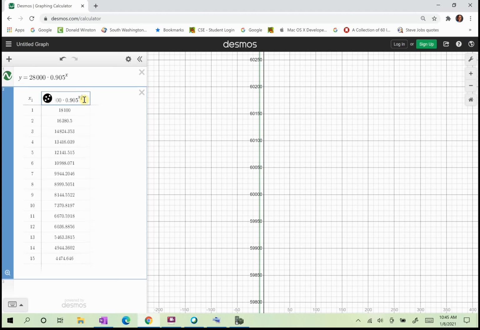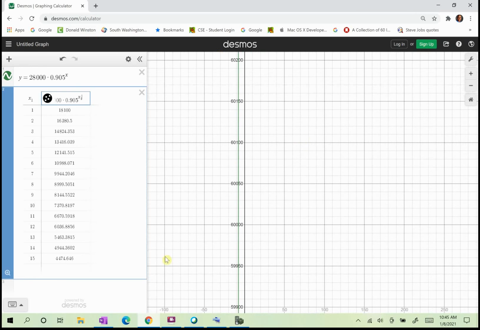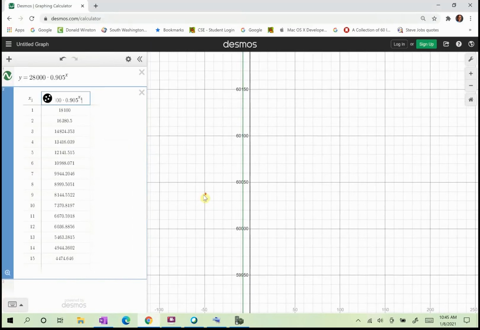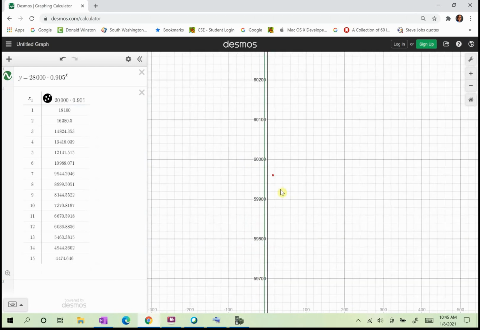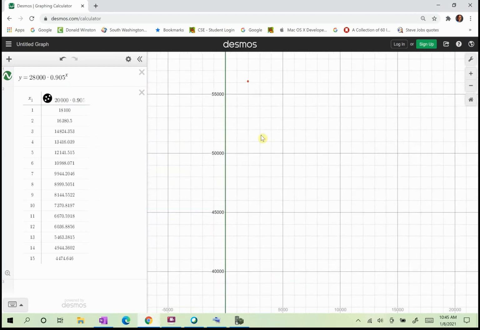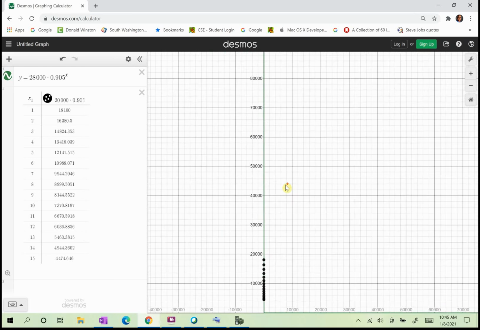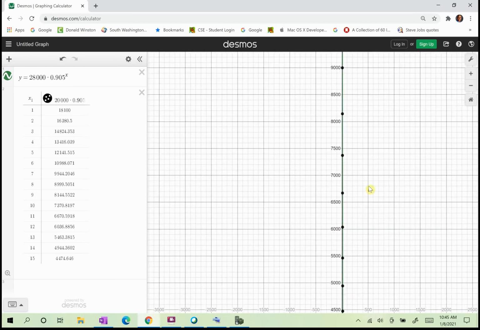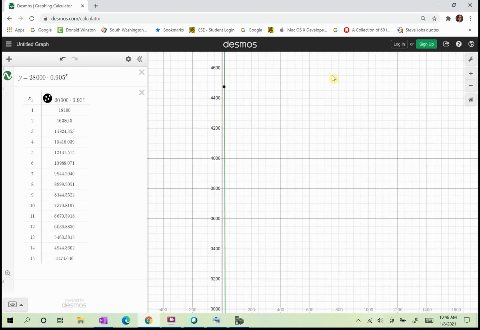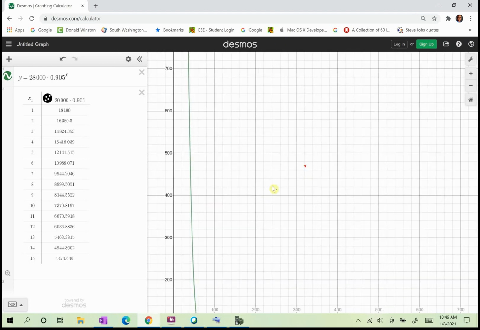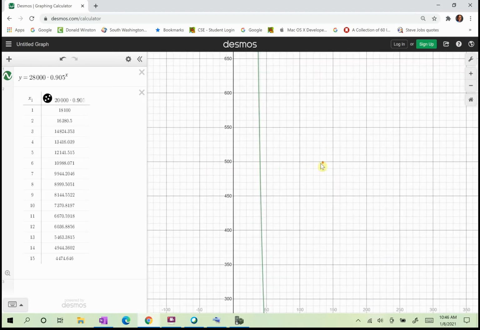Remember x1. If I look at the graph, we want to know when the value of that truck was going to be less than 5,000. So again, I could use those together. That'll be helpful because I'm looking for y is 5,000. As you can see, maybe you can't see it, but it's a decay function because the multiplier is less than 1.